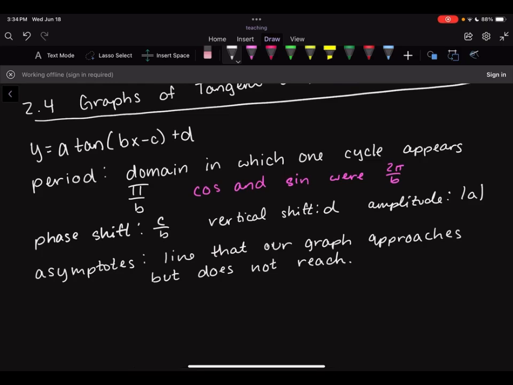So a line that our graph approaches, meaning it's really, really close, but it does not actually reach that line. And it also means that it can't cross that line.